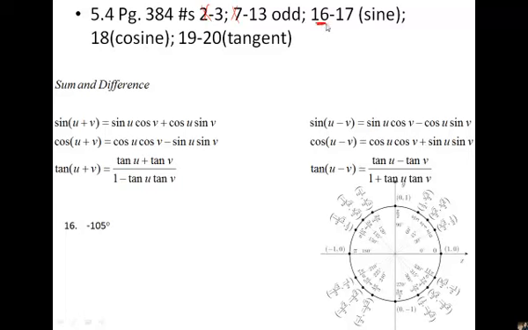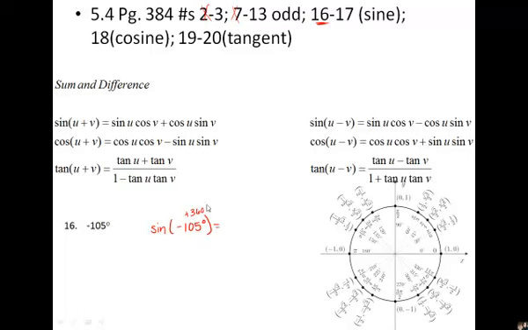So what I will say is I'm going to do 16 with you and say exactly what they wanted us to do. So they want us to evaluate, I'm going to say just sine of this negative 105 degrees. So first of all, you might be looking at this and thinking, my gosh, how do I evaluate negatives? Well, first of all, we could always add 360 if we wanted to.